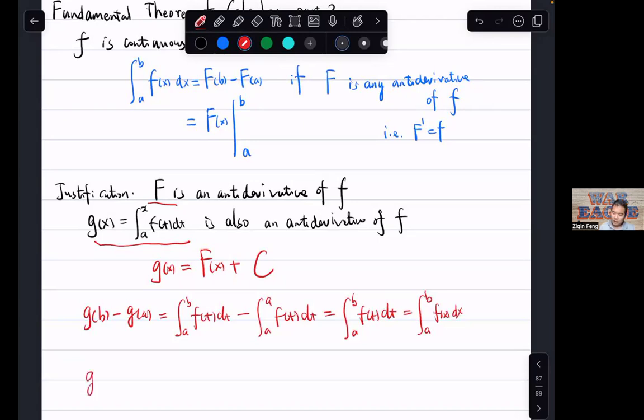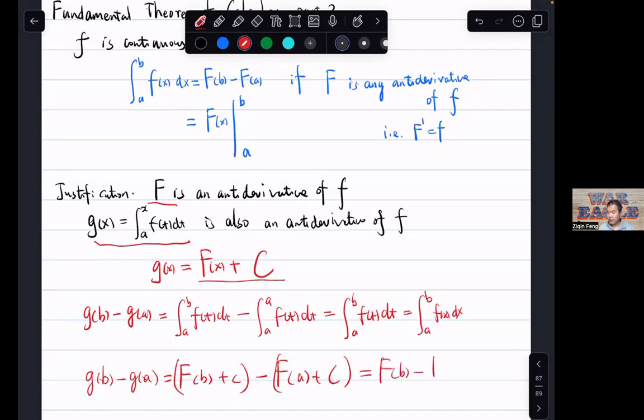Now let's use another definition to look at g of b minus g of a, using this equivalent equation here. This will be F of b plus c minus F of a plus c. Same constant, they cancel each other. So this is F of b minus F of a.